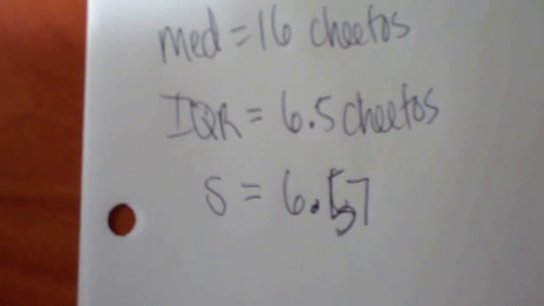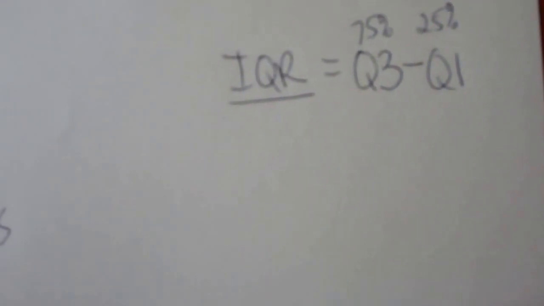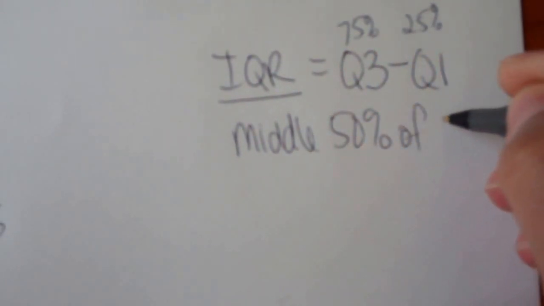Let's first talk about IQR. When we compute IQR, you will have noticed that we used it to talk about our outliers when we had our outlier rule. IQR is taking quartile 3, which is 75% of the data, and subtracting quartile 1, which is 25% of the data. And what you get is the middle 50% of the data.